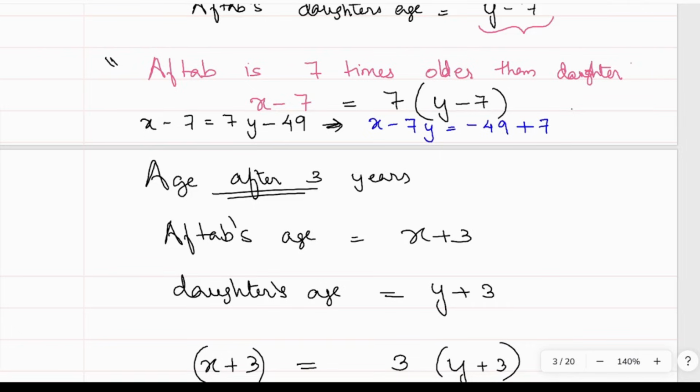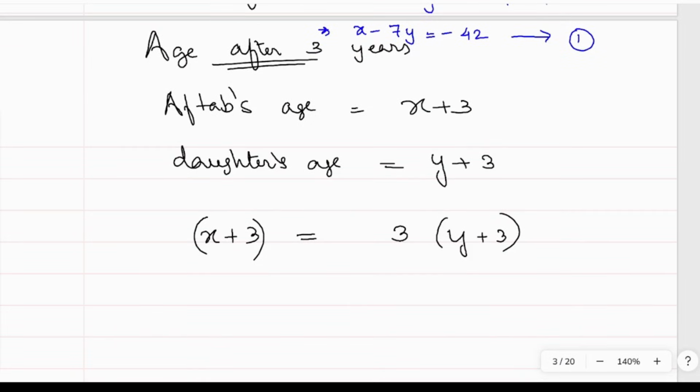What is minus 49 plus 7? It's equal to minus 42. So our equation will become x minus 7y equal to minus 42. Clear? For this one, I am giving equation number 1.